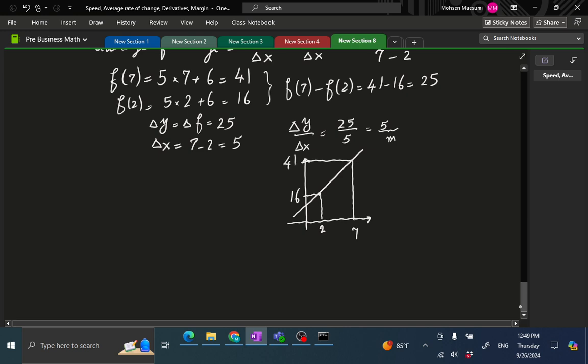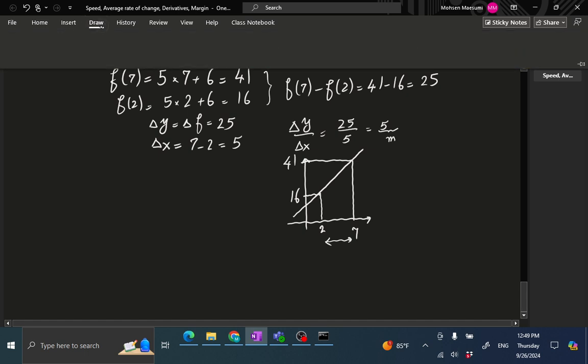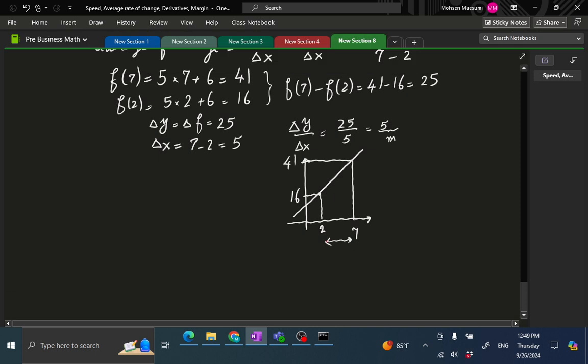So from 2 to 7, this delta x, from 2 to 7, that is just 5. Delta y from beginning to end, 41 minus 16, that is 25. So we call this one the run.